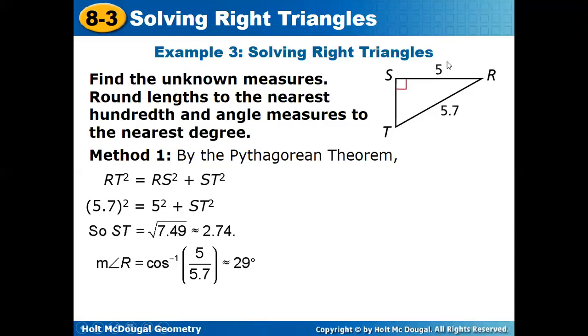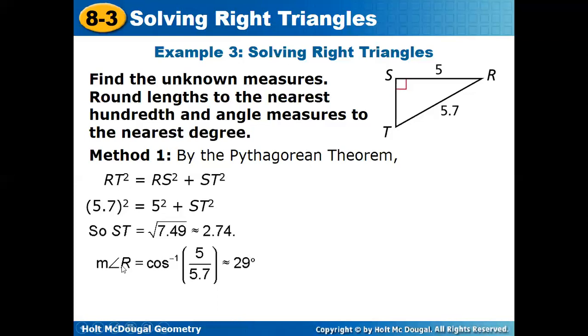Anyway, if you consider that 5 is the adjacent leg for angle R, you can use the inverse function of cosine. So you can write measure angle R equals cosine power -1 of the adjacent leg over the hypotenuse, and by using your calculator it will be 29 degrees.